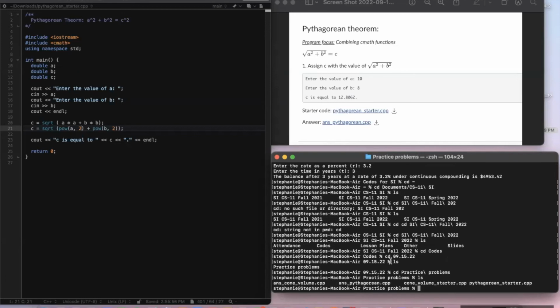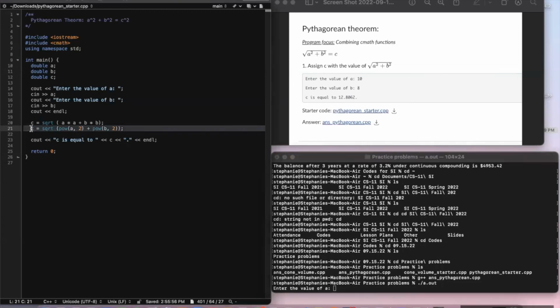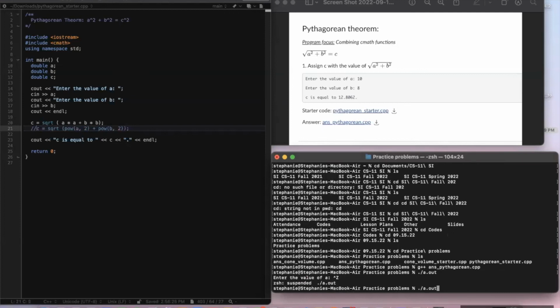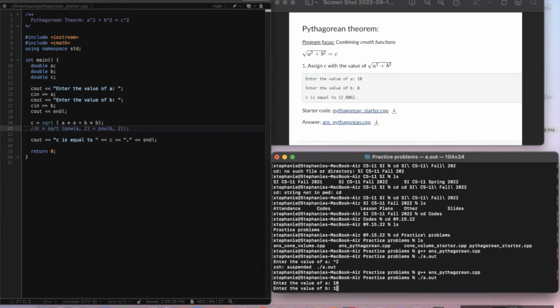And now we can actually run this code. So g++ and Pythagorean. And I should actually remove this. So we'll have side A is 10, side B of your triangle is 12.